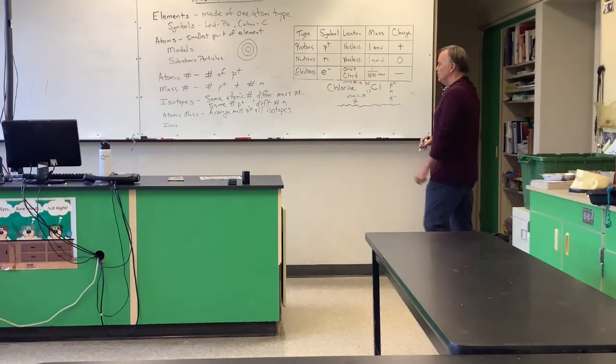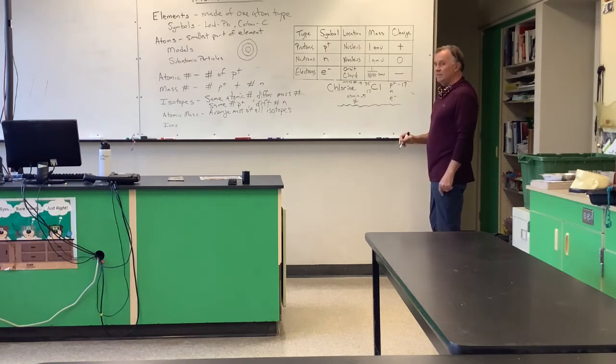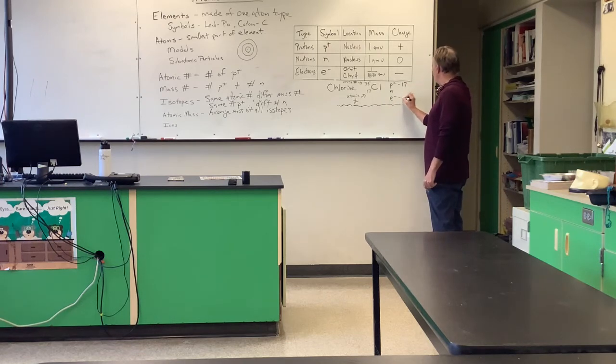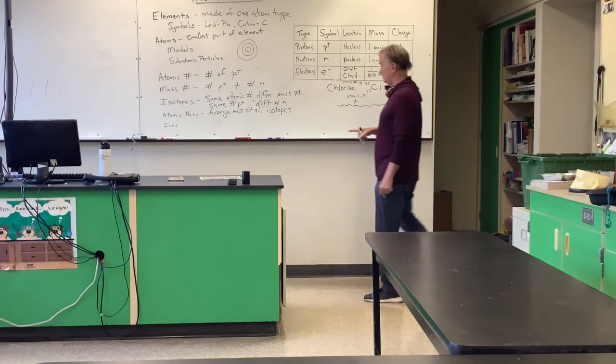All right, so you can do a little bit of math here, but for protons you don't have to. If it's 17, that's the number of protons. And if it's neutral, it has the same number of electrons, so 17. And then neutrons: the mass number has to equal protons plus neutrons.